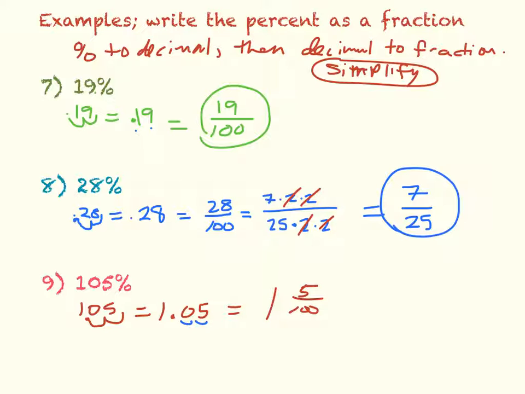And then I have to simplify my fraction. So I have 1, and then if I divide by 5, I would get 1 over 20. And that would be your final answer, 1 and 1/20. So there are multiple steps that we have to take in order to change a percentage into a fraction.